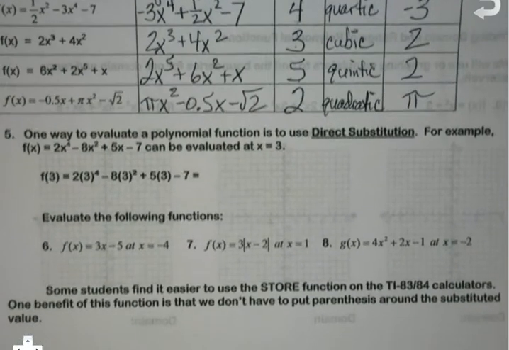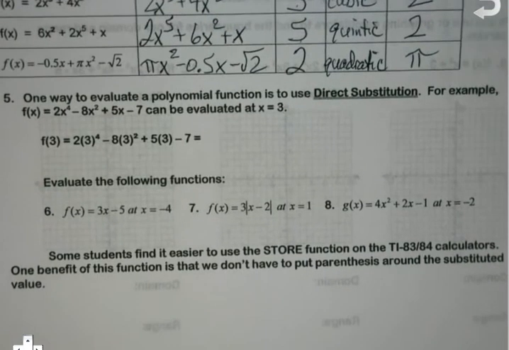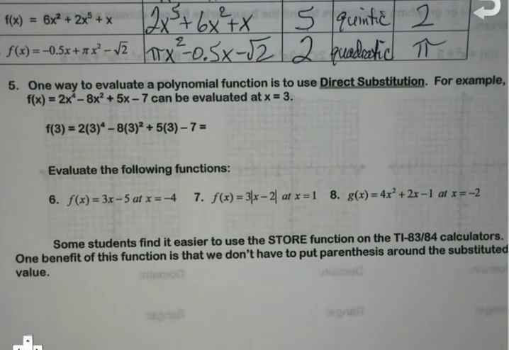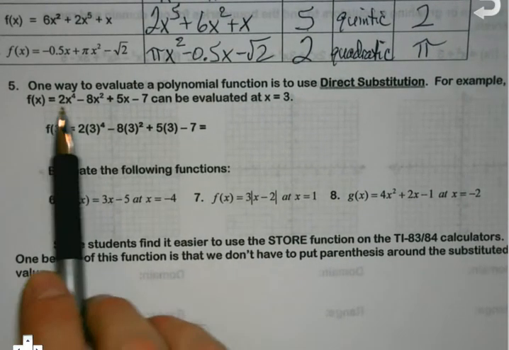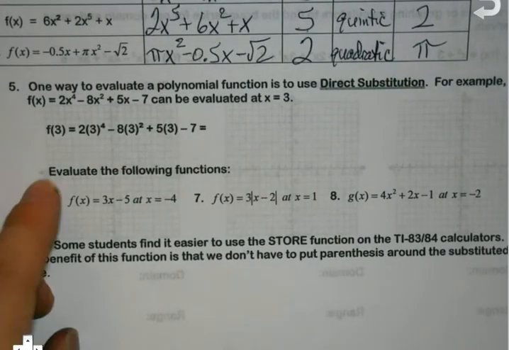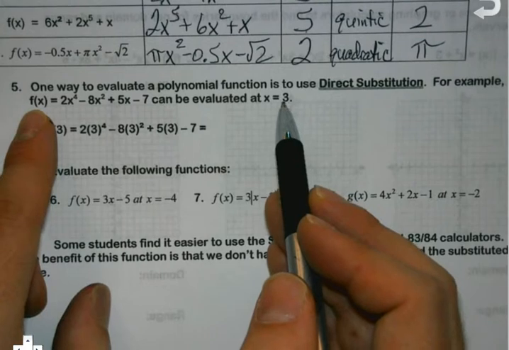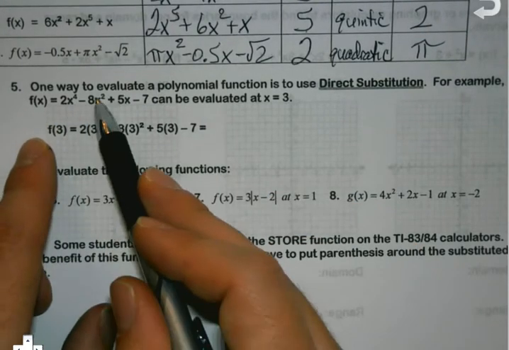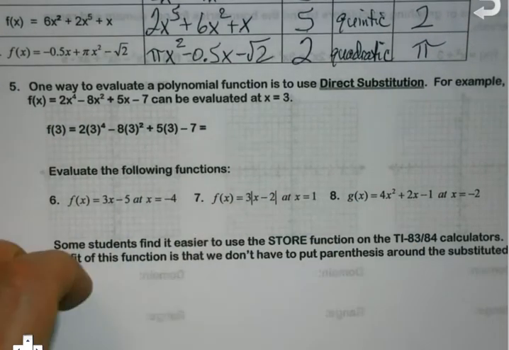one way I can evaluate it is direct substitution. This is the one we like the easiest. For example, if I had this and punched it in a calculator, but I only wanted to know what the value was of 3, one thing I can do is everywhere I see x, I basically just plug a 3 in.